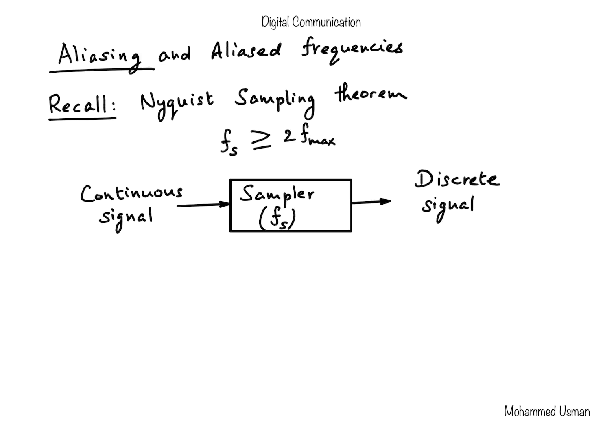So what is the maximum input signal frequency that can be applied here in such a way that there is no aliasing? So to look at that, we just need to rewrite this equation or condition from the Nyquist sampling theorem in a different way. So we can write this as fmax should not exceed the sampling rate by 2, or 1/2 of the sampling rate.